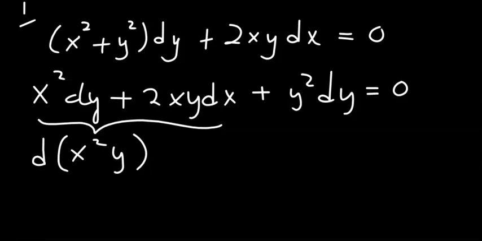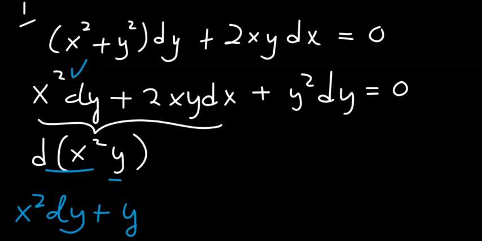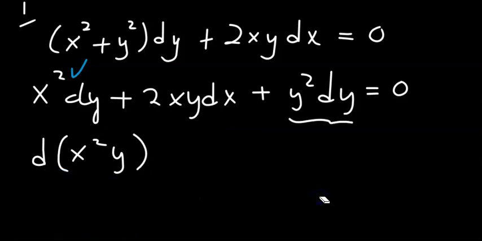Let's see how this is done. First, when you take the differential with respect to y, you can take x squared out and it becomes x squared dy, which is the first term. And for the second term, you simply write the y and take the differential of x squared, and that's going to be 2x dx. You see this is the second term. The third term can also be written as a differential in the following manner. It is a differential of 1/3 y cubed.